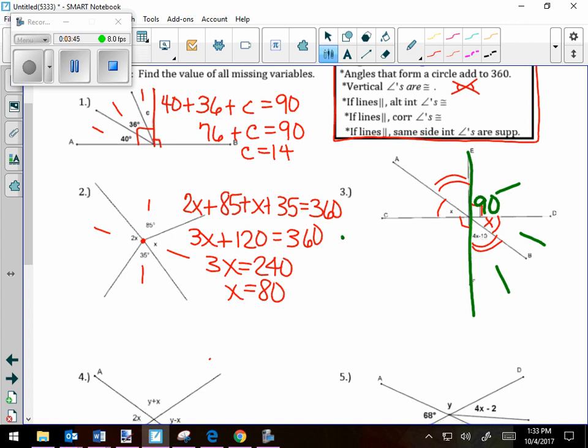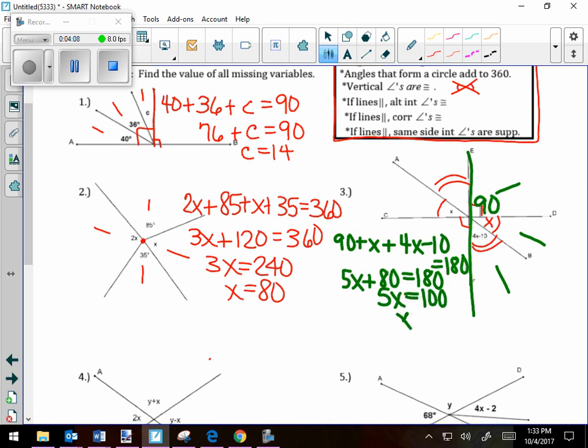So I know that I have 90 plus the x plus the 4x minus 10, and they sit on a straight line, so that's going to equal 180 degrees. So that's the equation that I'm going to use in this case. So I have 5x plus 80 when I combine like terms equals 180. 5x equals 100. And then x is 20.